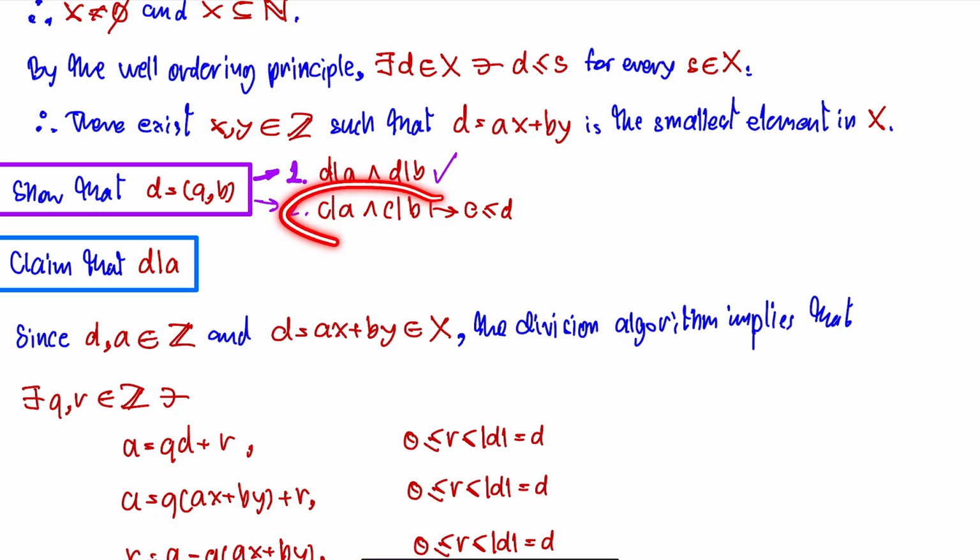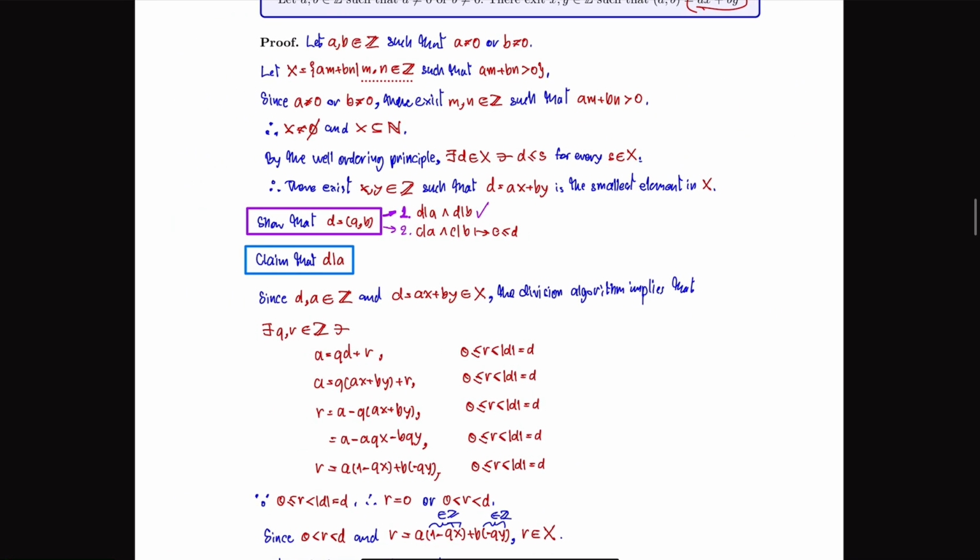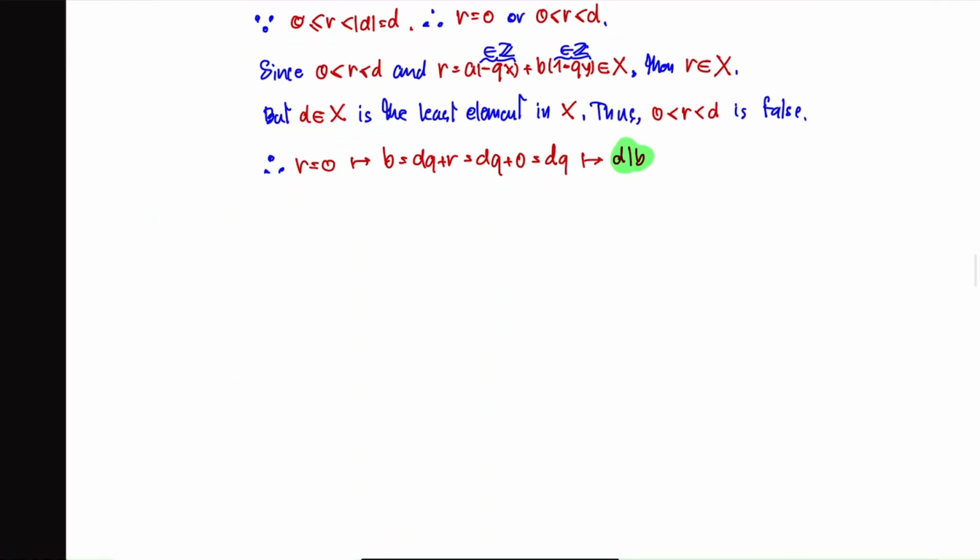Now let's prove the second part. Show that if c divides a and c divides b, then c must be less than or equal to d. Okay, let's prove this part.